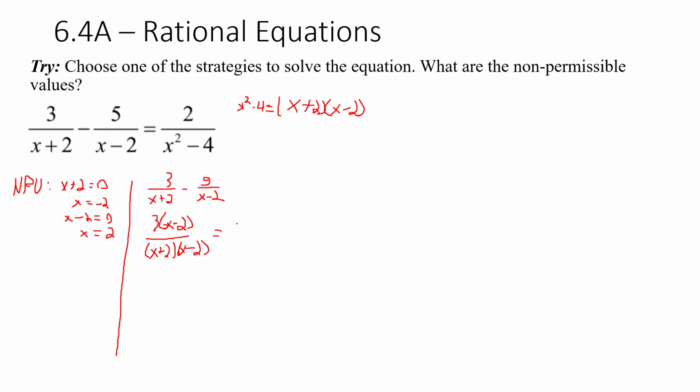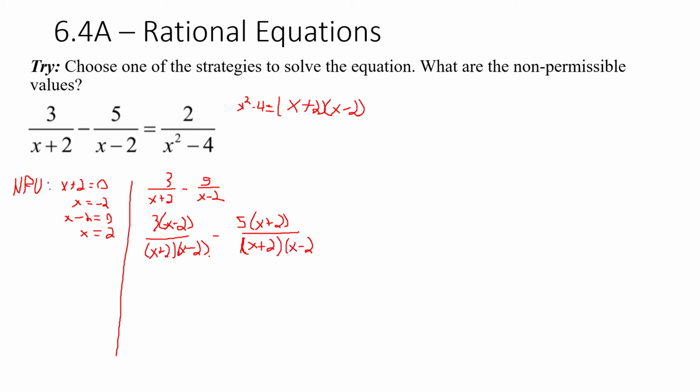And then minus, and I want this to have a common denominator. It's missing a factor of x plus 2. So let's multiply this whole fraction by x plus 2. And again, the goal that we're leaning towards here is using fraction equivalency to combine these two on the left. So we're multiplying by x plus 2, so that goes in there too.